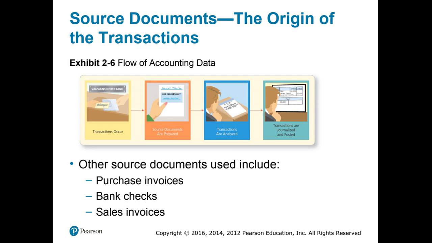First, a transaction takes place. Once that transaction takes place, source documents are prepared. So when a sale is made, there may be a purchase order or an invoice. The transaction is then analyzed, and after the transaction is analyzed, it is journalized and posted.